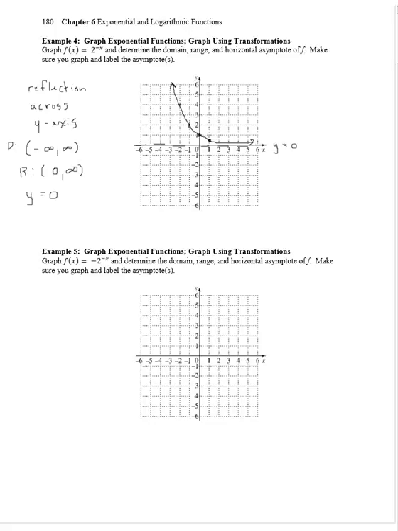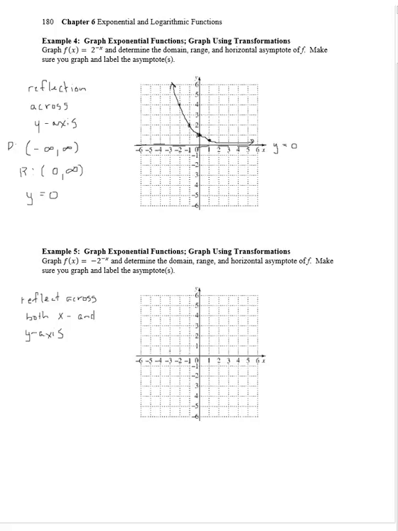Okay, -2 to the negative x means we have reflection across both the x and y axis.